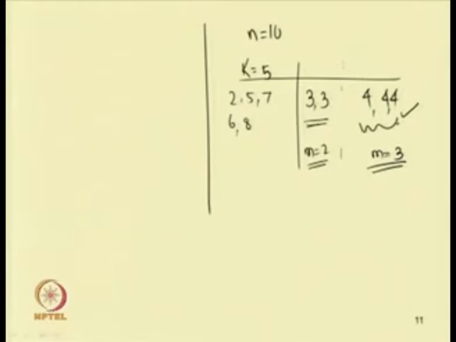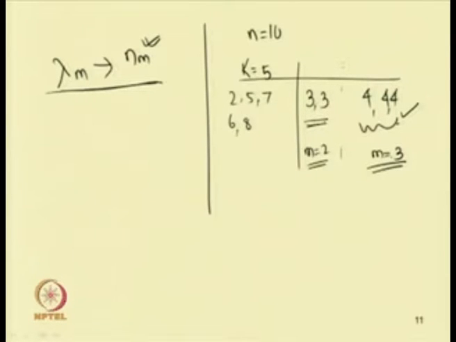Let us assume that the eigenvalue lambda m has multiplicity n m. For example, in this case the 6th eigenvalue has multiplicity 2 and the 7th eigenvalue has multiplicity 3.